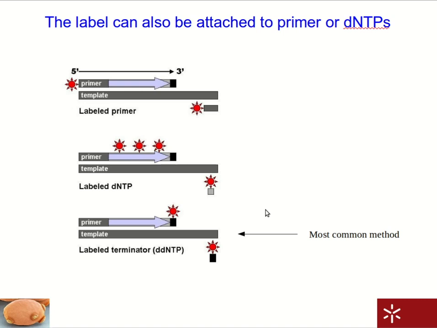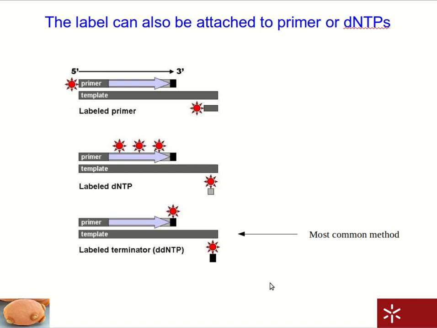In the example in the previous slide, the ddNTP was labeled with a fluorescent label. There are also the possibilities to label the dNTPs, in which case you might get a stronger fluorescence, but also perhaps more variable. Or you can simply label the primer that you use for sequencing.